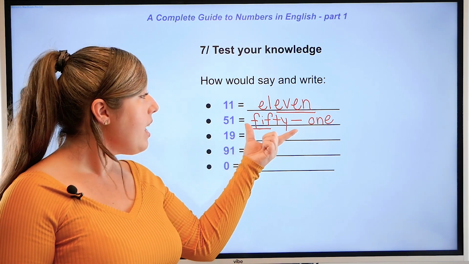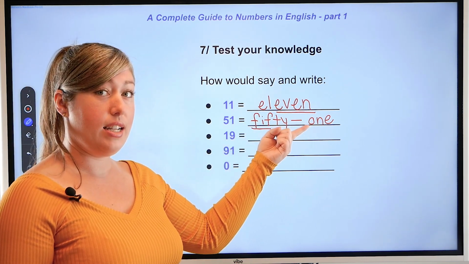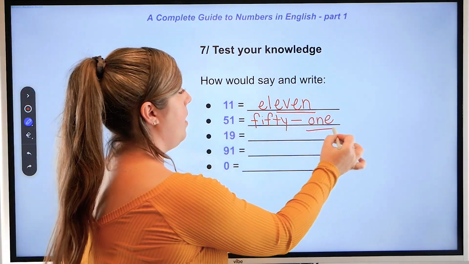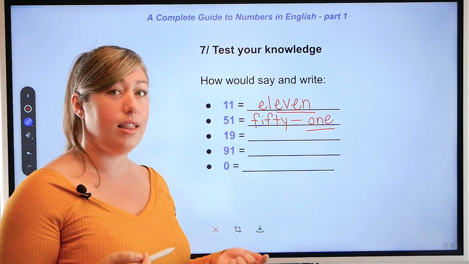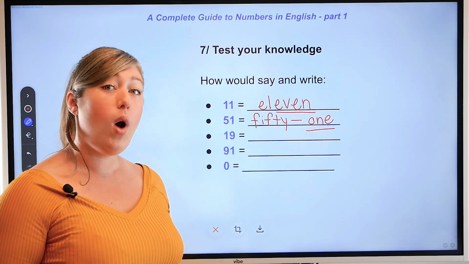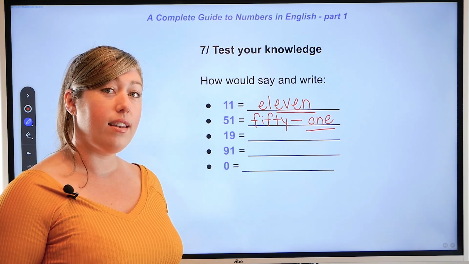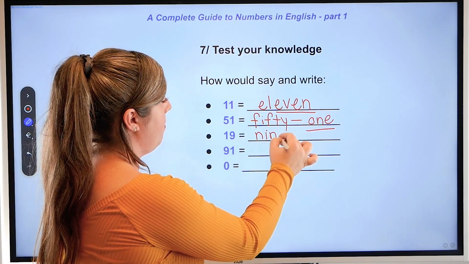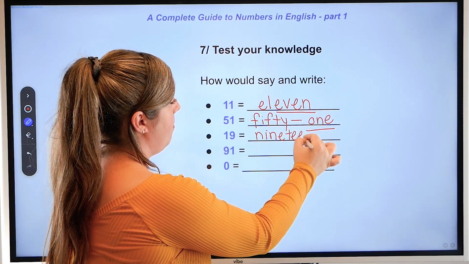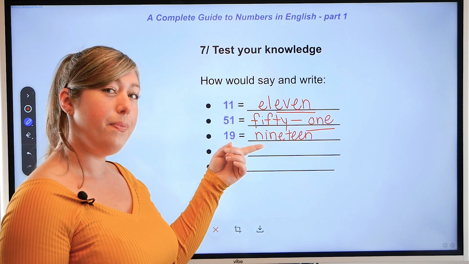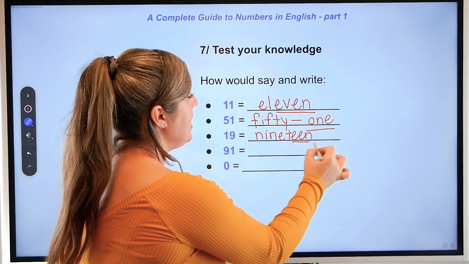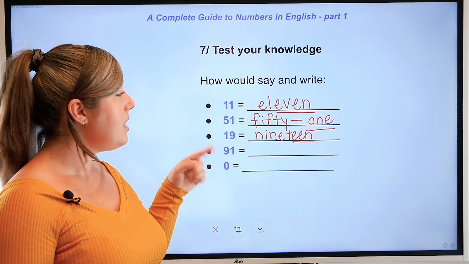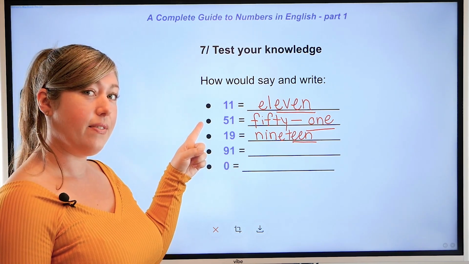But when we add another number at the end, the stress changes. The main stress is on the last syllable. 51, 51. And this one? Good. 19. And how about this one? Take a look up here for a hint.